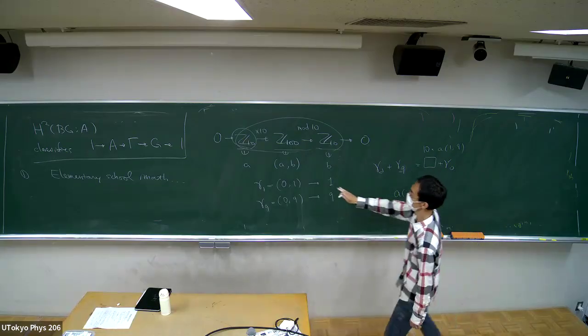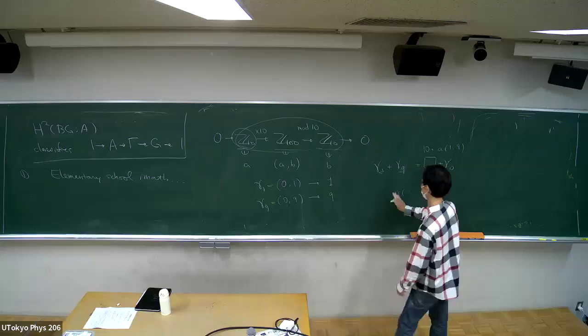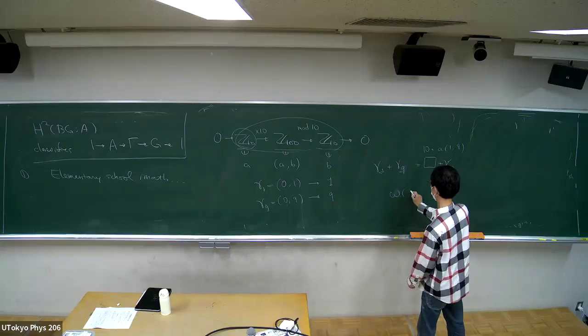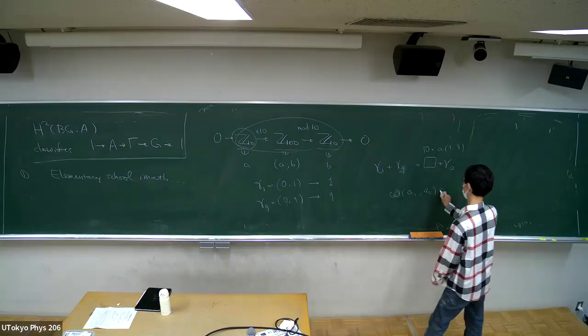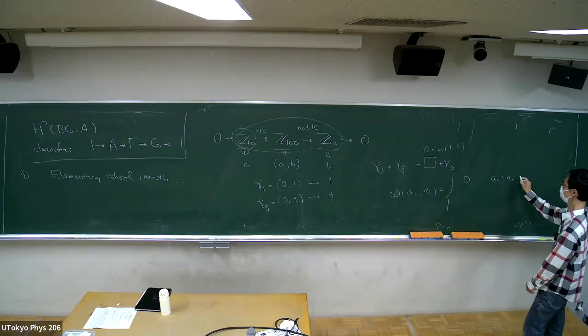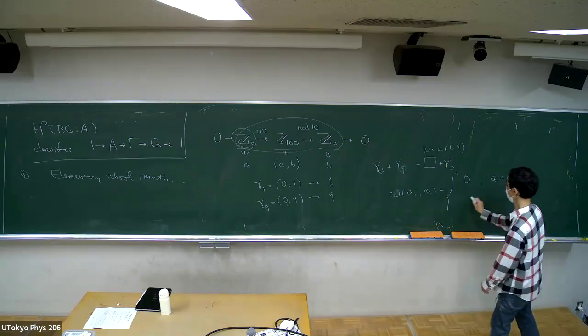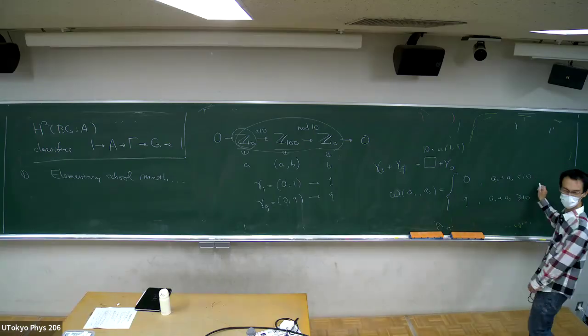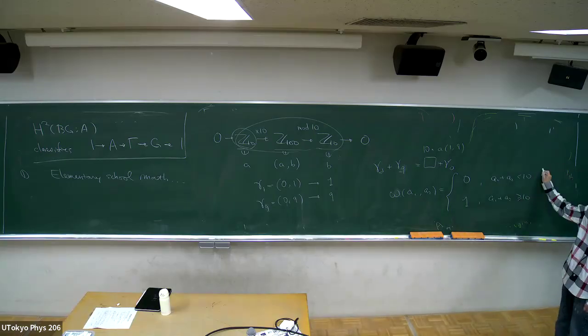Oh, I shouldn't have used A and B. Yeah, or let's say omega A1, A2 is 0 when A1 plus A2 is less than 10, and 1 when A1 plus A2 is larger than, so larger than 10.